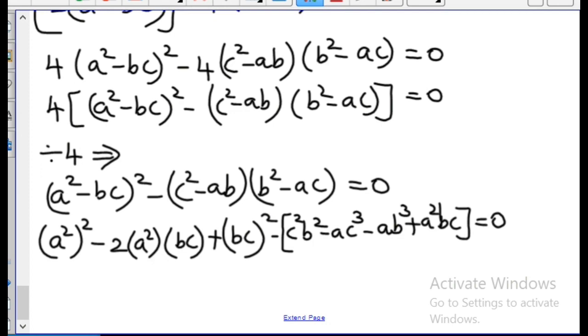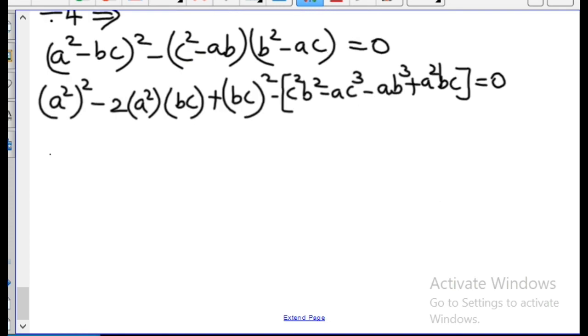Check it. c squared b squared, c squared into b squared; then minus ac cube. Next, when checking this, minus ab into b squared will become minus ab cube, and minus into minus is plus, it is a squared bc. Now simplify.